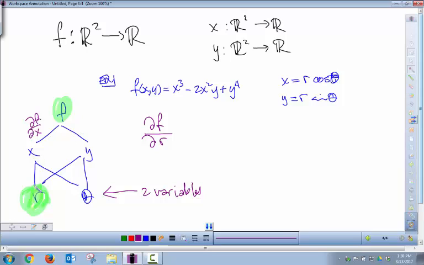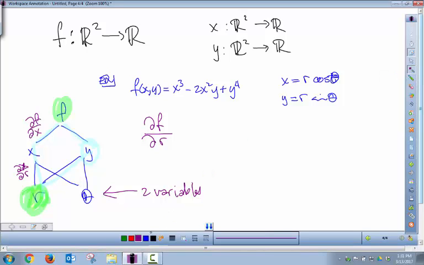Now X to R, X is also a function of two variables, and that's the partial of X with respect to R in this case. So that's one path. And then we have another path that goes through Y.